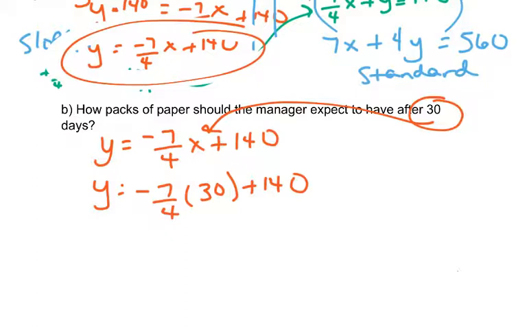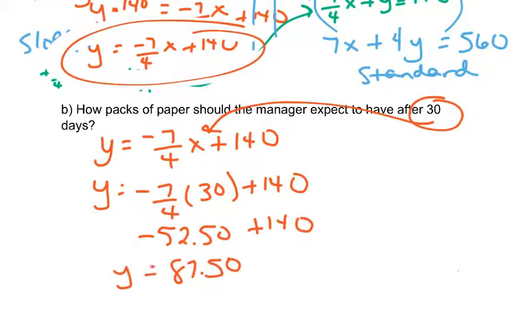If we take negative 7/4 times 30, we get negative 52.5 plus 140, which ends up getting us 87.5. So we would have about 87.5 packs of paper left after 30 days.